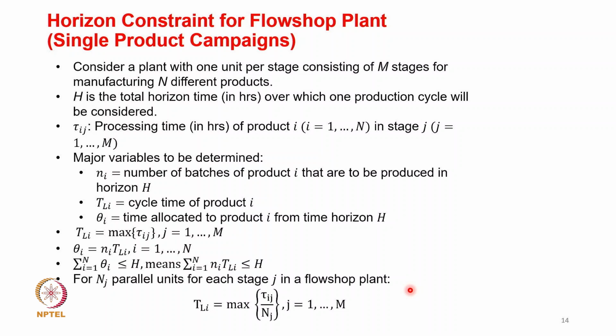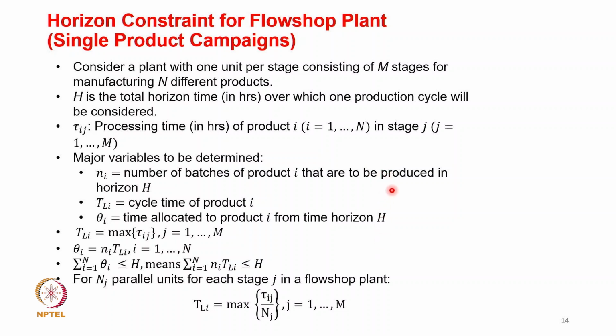So let us consider a plant with a one-unit-per-stage, having m stages for continuous manufacturing of n end products. H is the total horizon time in hours over which one production cycle will be considered. And tau ij is the process time in hours of product i = 1 to n, stage j = 1 to m.